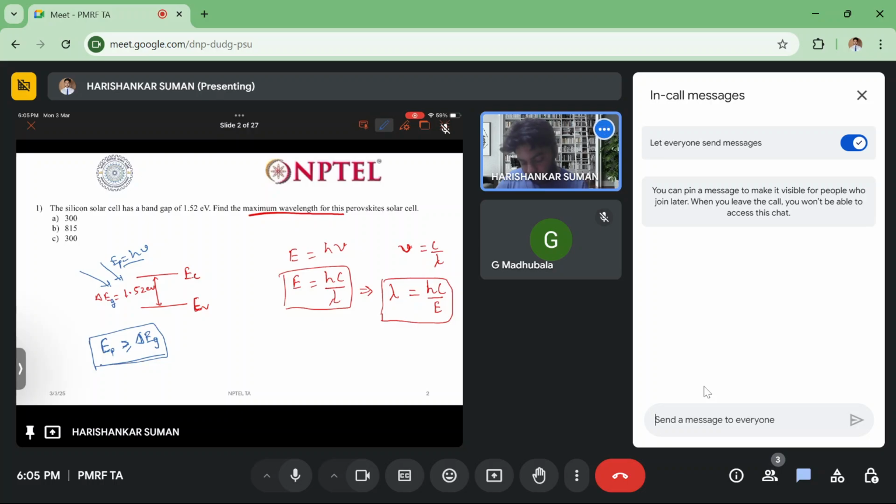Yes or no? Only light with energy equal to or greater than the band gap can be absorbed by the material. Am I right?